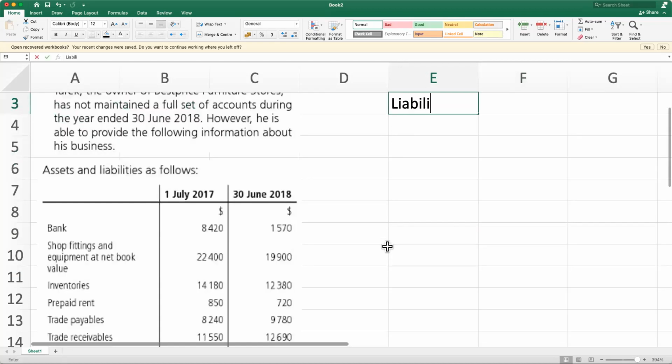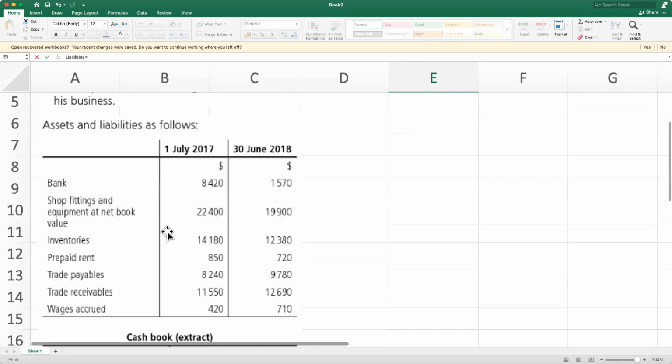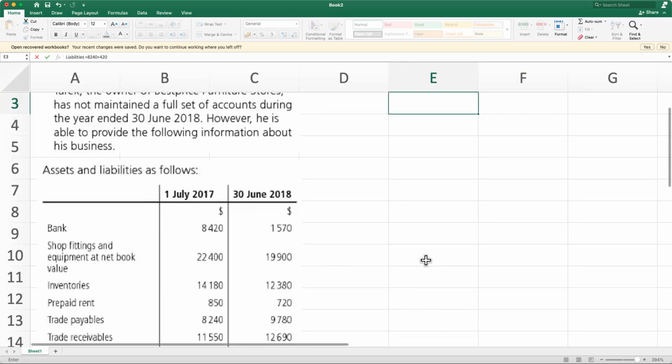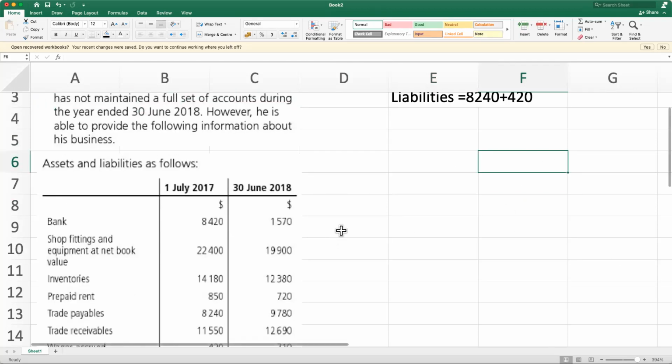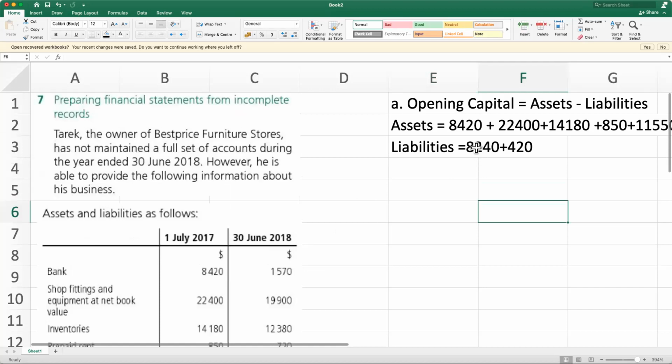And then my liabilities. So let's look at my liabilities. Liabilities will include trade payable 8240, wages accrued. That's it, nothing else. So these two will be my liabilities. You can prepare a statement of affairs to do this, but if you don't want to, it's okay.